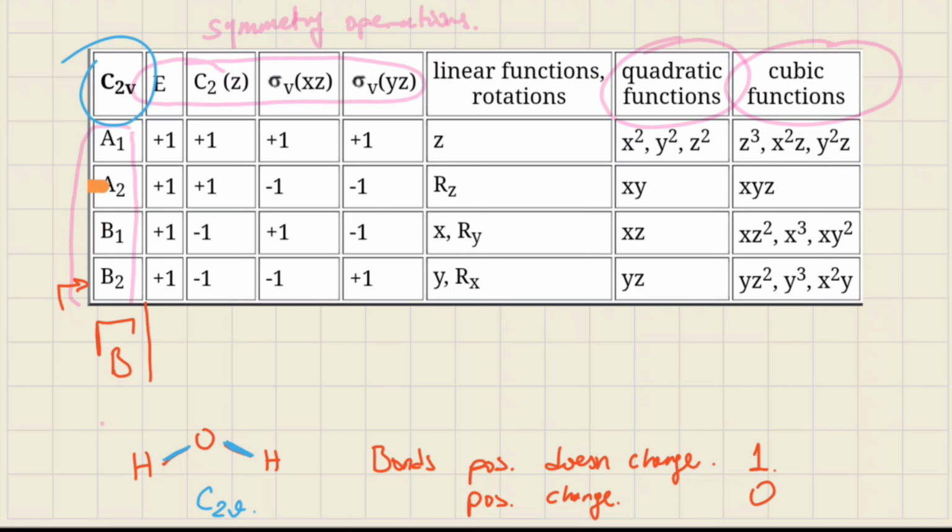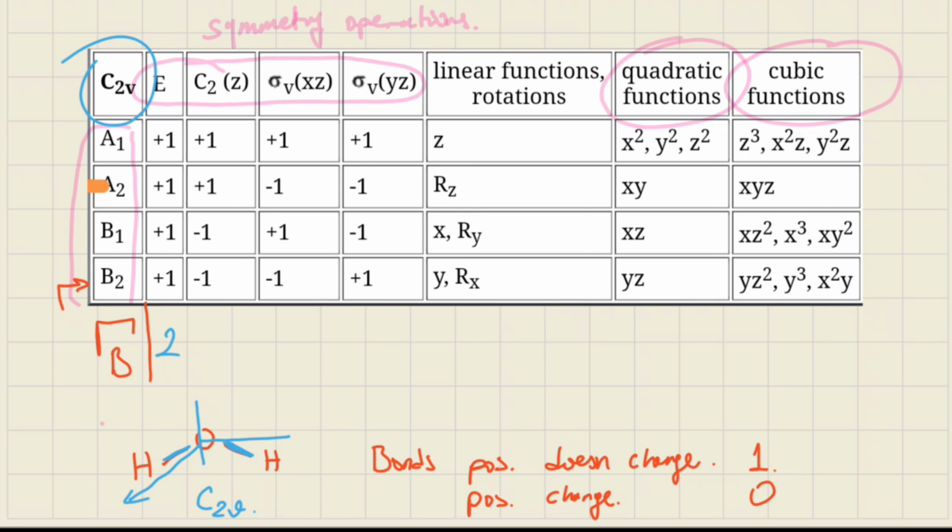For instance, if I apply the E operation, and E means that we will not do anything, the bonds will stay in the same position since we didn't do anything. I want to show x, y, z coordinates for me.